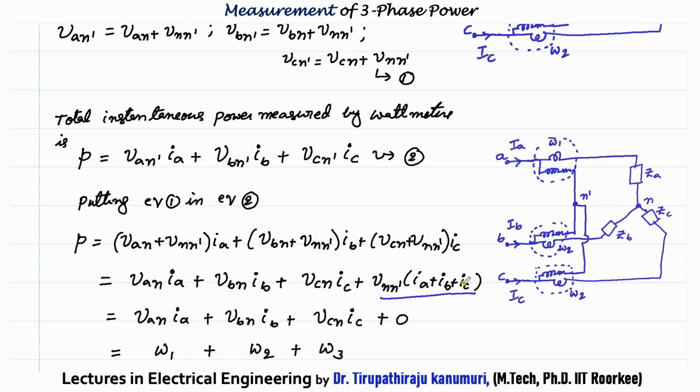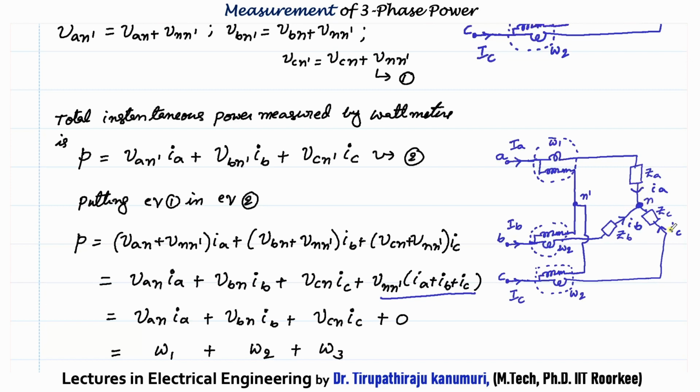Now coming to this last term, Vnn' into Ia plus Ib plus Ic. For this, I am applying KCL at this node. This current is Ia, this current is Ic, this current is Ib. KCL indicates the sum of the currents at any node is equal to 0. All three currents are entering only, so that sum will be equal to 0.